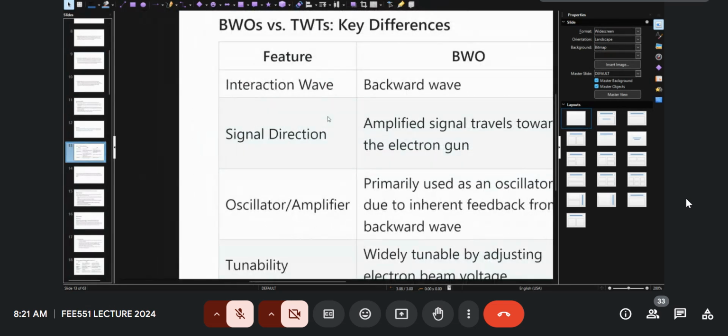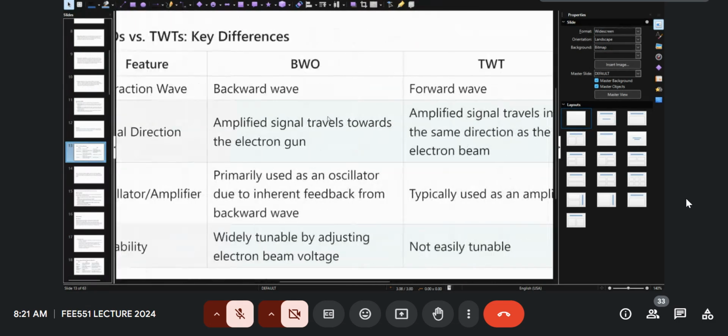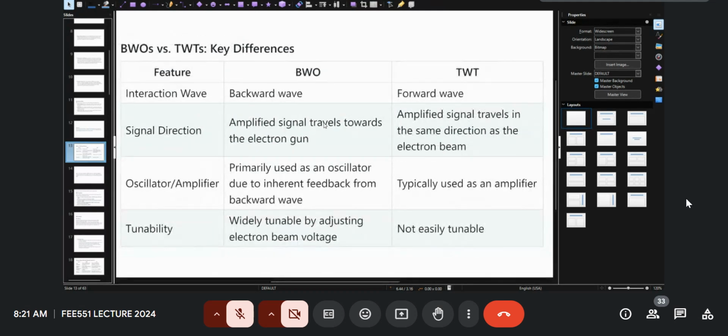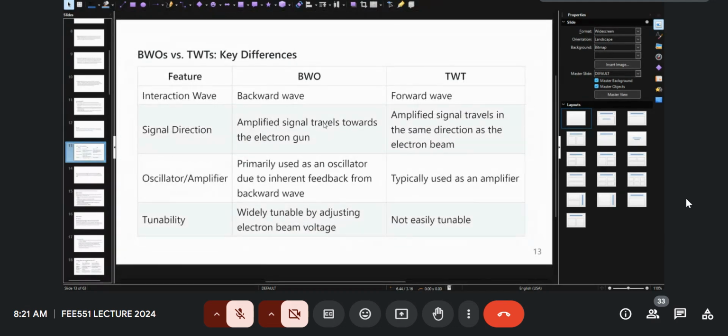So in the BWO, as I've said, the signal travels towards the electron gun, while in the TWT, the amplified signal travels in the same direction as the electron beam. If you recall, we were talking about bunching and all that.